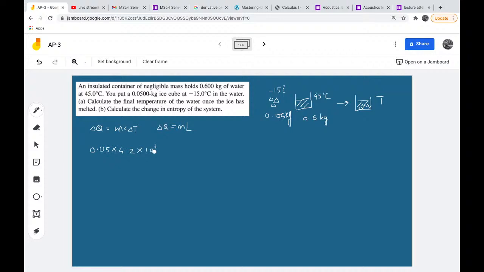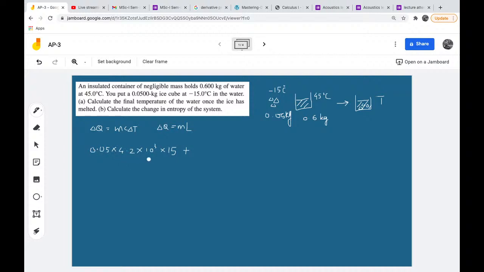Remember here, 10 power 3 will come into play. I will calculate my third term, delta T. Delta T is the change in temperature, so the final temperature is 0, the initial temperature is minus 15, so the change in temperature is 15. Remember, since you are calculating a change in temperature, it does not matter if you use Kelvin or degree Celsius.